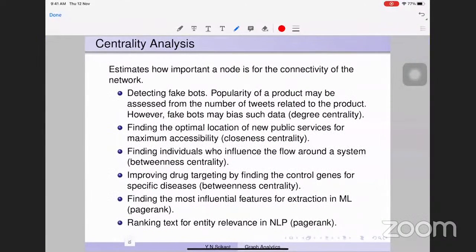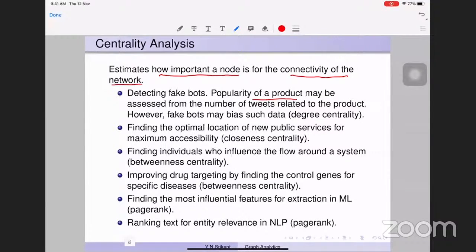Okay. So let us begin with the centrality analysis. What is centrality analysis? Basically, it says how important a node is for the connectivity of the network. So, for example, if you take the popularity of a product, how do you gauge how popular the product is?